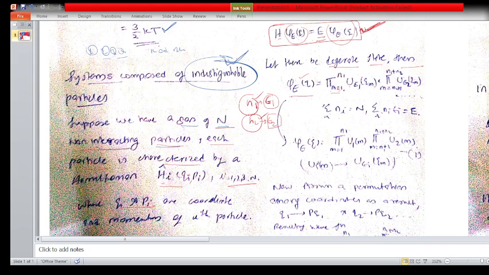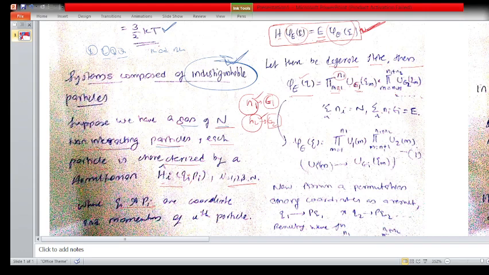Here m stands for the particle, the mth particle, which means it can be the first particle, second particle, third particle, all those particles up to n1 particles, which are at the energy level e1. The corresponding wave function is u e1 of qm.